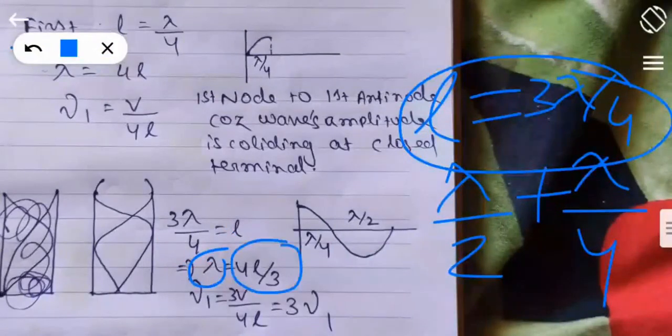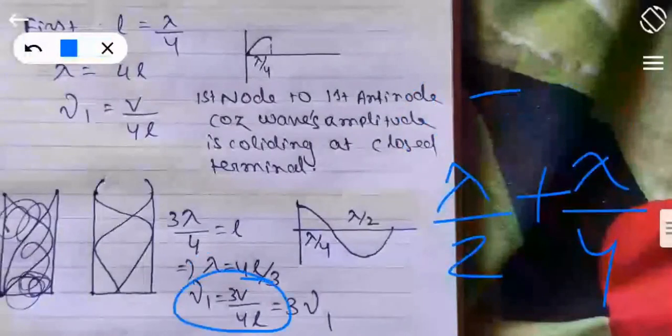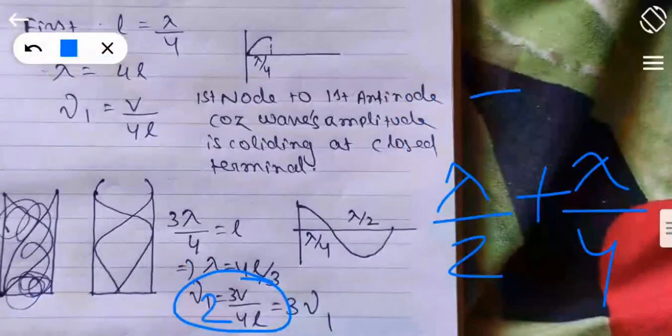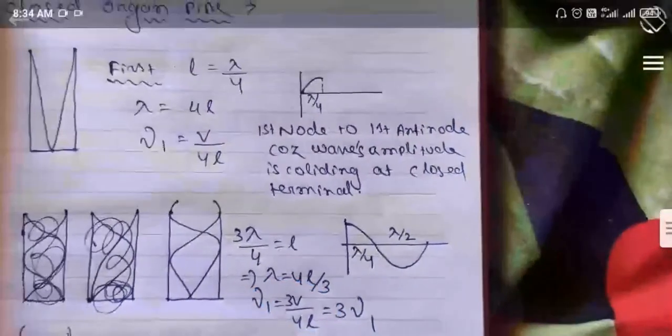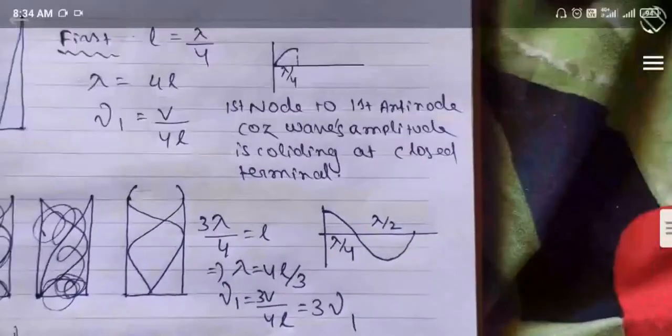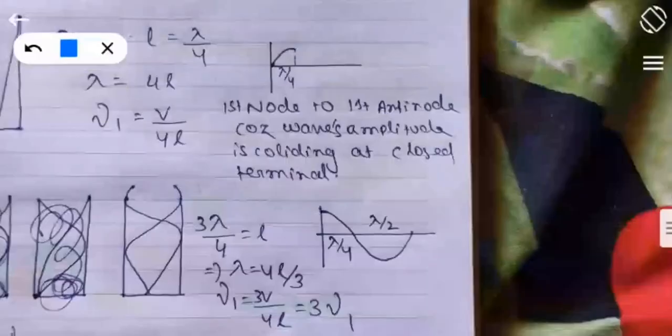So place it in the formula. If you place it, you will get the frequency 3V by 4L. Okay, this is nu 2 is equal to 3V by 4L. Now look here.